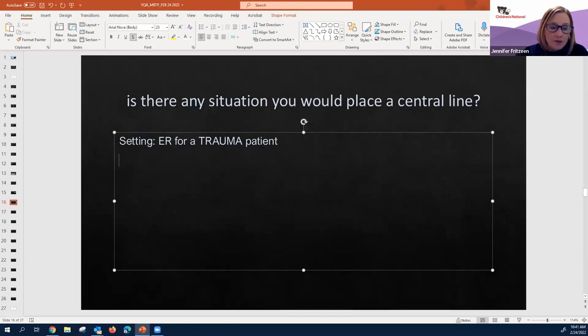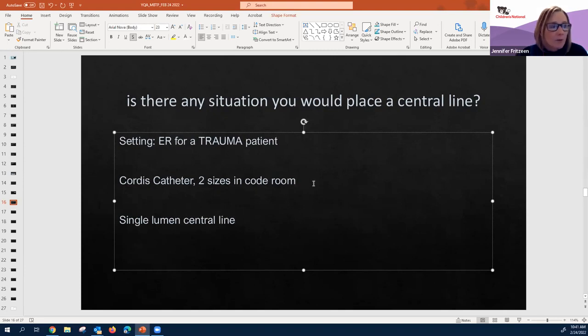There are 2 sizes of Cordis catheters stocked in each code room, so you can use them on infants and young children. The Cordis catheter is a single lumen, large bore catheter that goes into the groin. Once that patient is stabilized and brought up to the ICU or the OR, they can use that to thread in a double lumen or whatever they decide they want that's a little more stable.